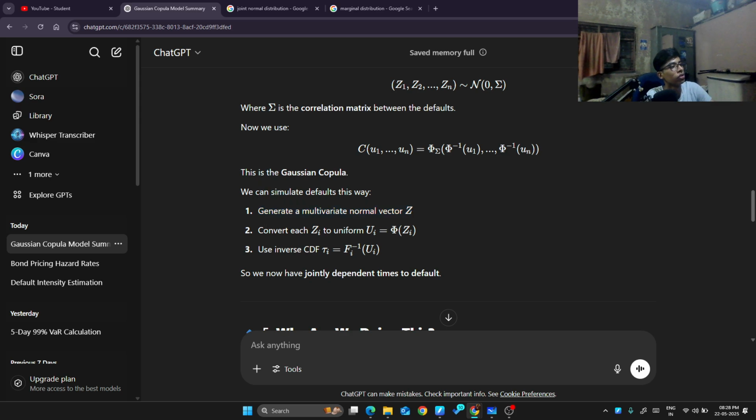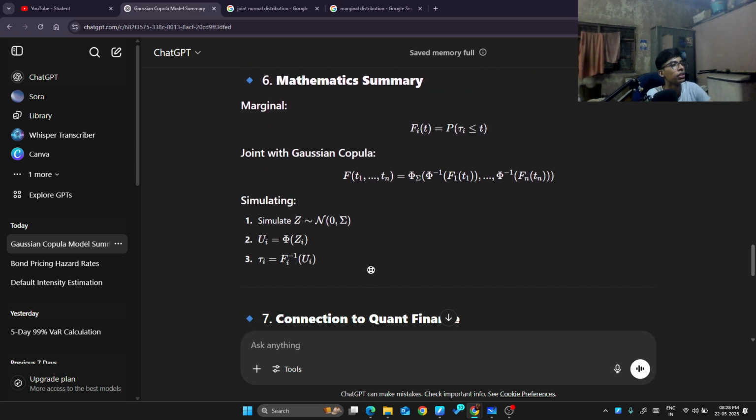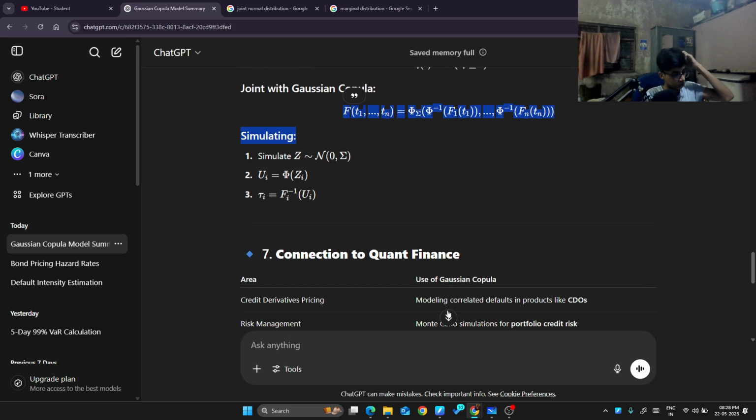So we can simulate and generate the normal vector z, convert z into uniform, and use the inverse of the CDF to find the joint dependency of this. And in this way it works. Okay, I hope you understand it.